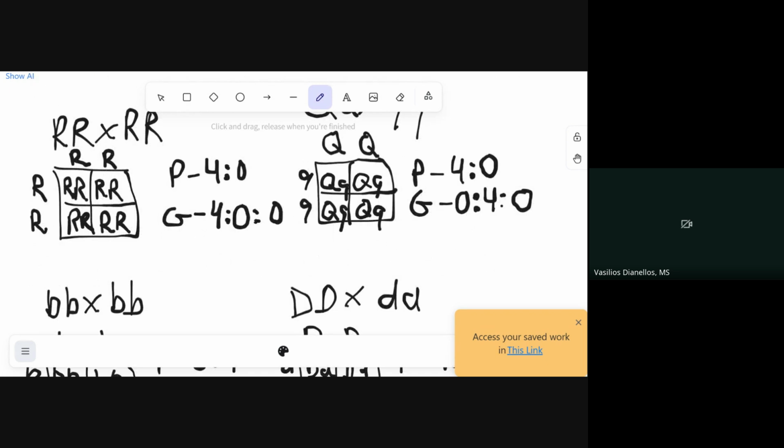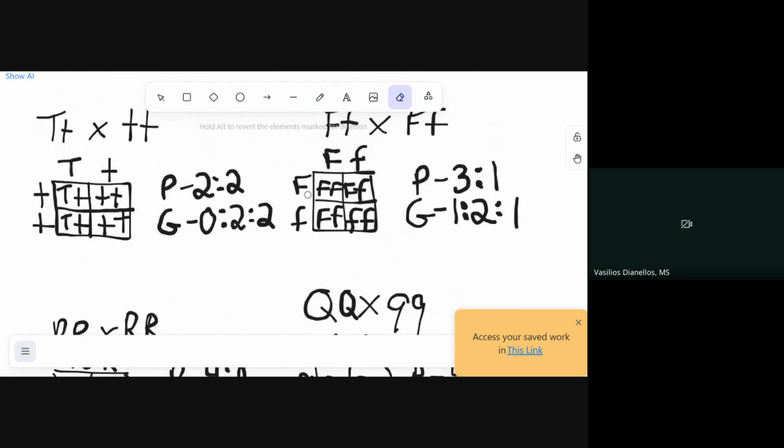I do want to point one thing out because I've received this question before. Sometimes students ask, does the order matter? I'll show you what I mean by looking at some of these. Let's redo these. If you remember, both of these squares were big F, little f.